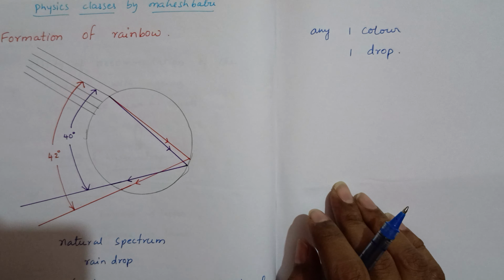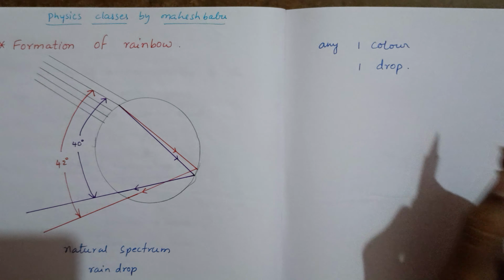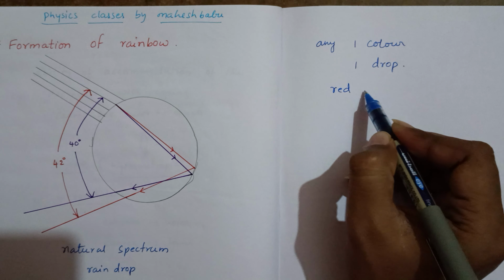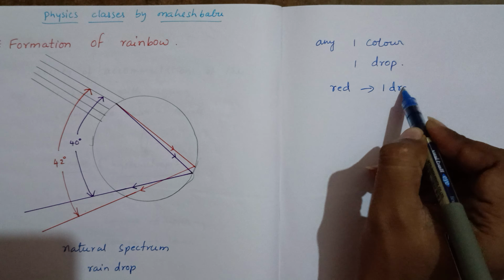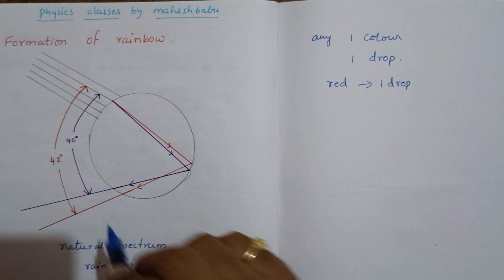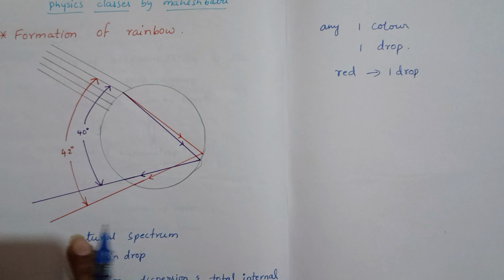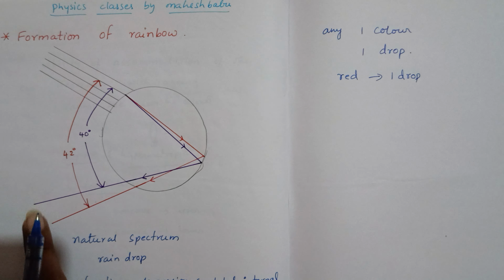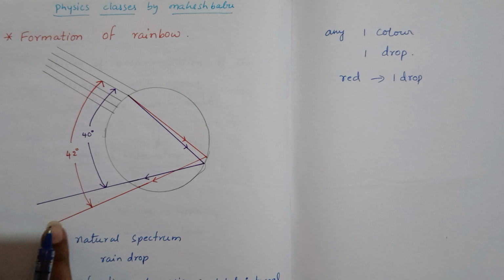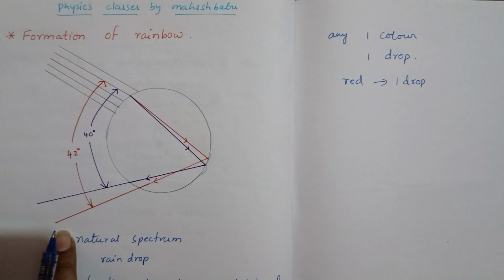So to see all the colors, we minimally require 7 drops. If you see red color from one drop, you can't see the remaining 6 colors from that drop, because as the rays go further, the gap between them increases as they diverge.